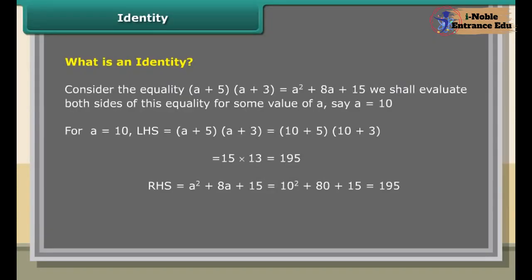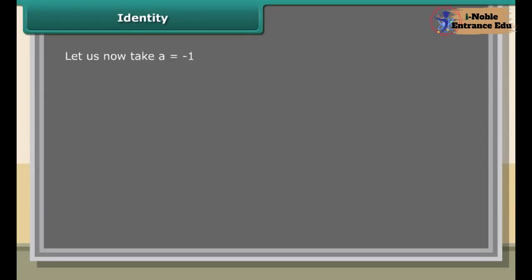Identity. What is an identity? Consider the equality (a + 5)(a + 3) = a² + 8a + 15. We shall evaluate both sides of this equality for some value of a. Say a is equal to 10.